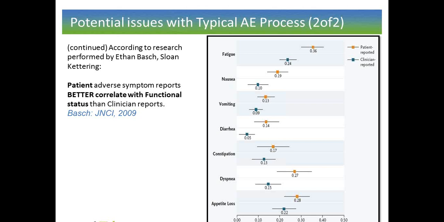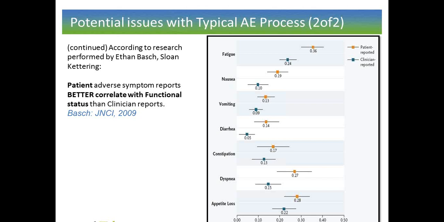You can see that clinically they're able to measure the functional status of things like nausea, vomiting, diarrhea, etc. I personally am not a clinician, so I don't know how that's measured, but if you'd like to read more or reach out to some of the researchers, we can certainly get you that information.